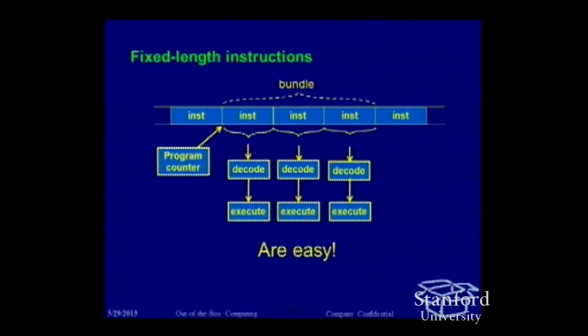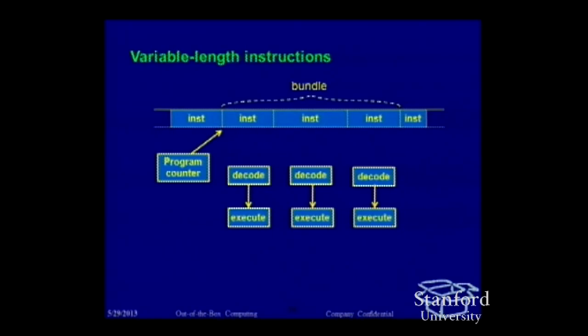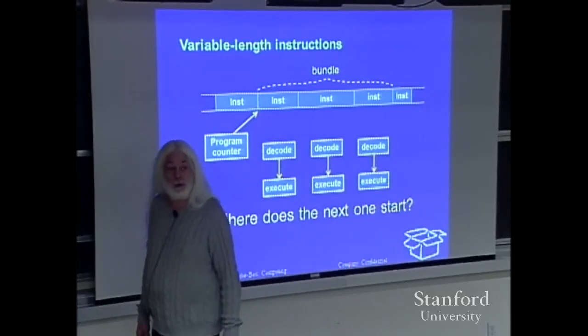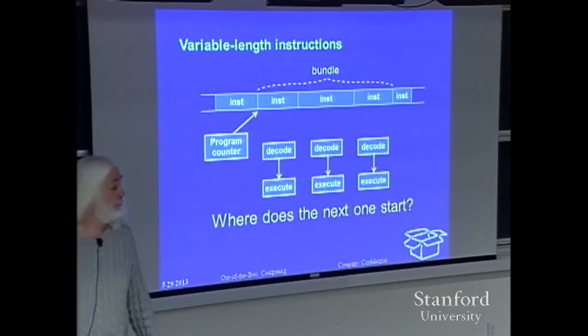If you go for variable length instructions, well, you start having an issue. Where does the next bundle start? How many bytes this bundle is varies from cycle to cycle.